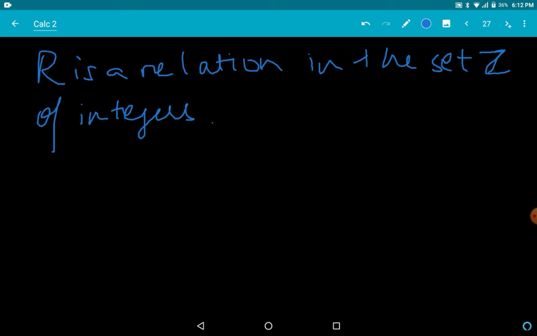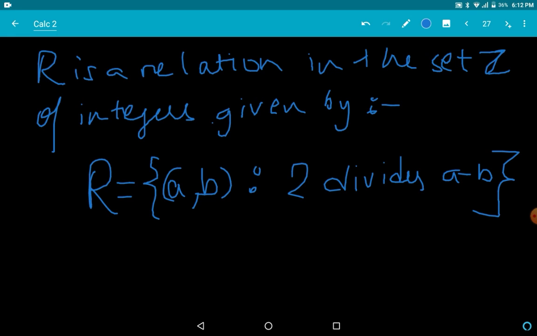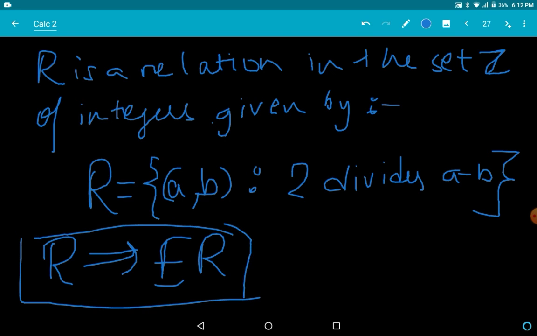R is a relation in the set Z of integers, given by R equals (a, b) such that 2 divides a minus b. Understand this? Now you have to show R is an equivalence relation. You have to show this. Okay, you have to try this.